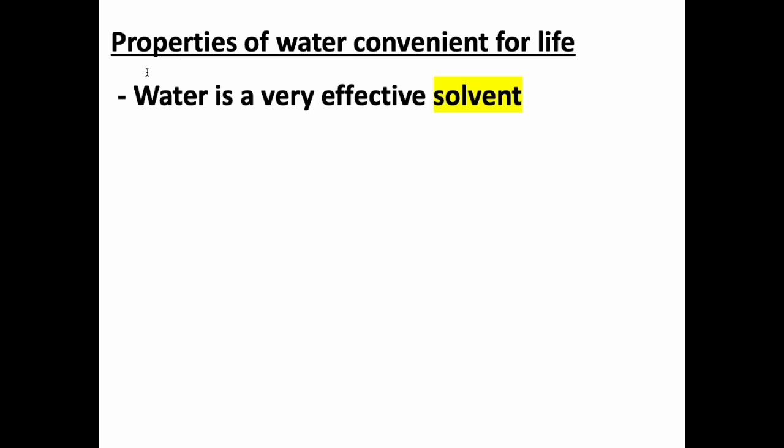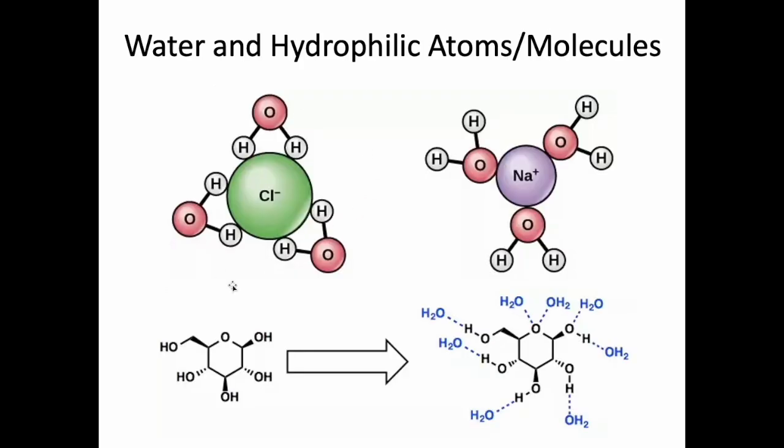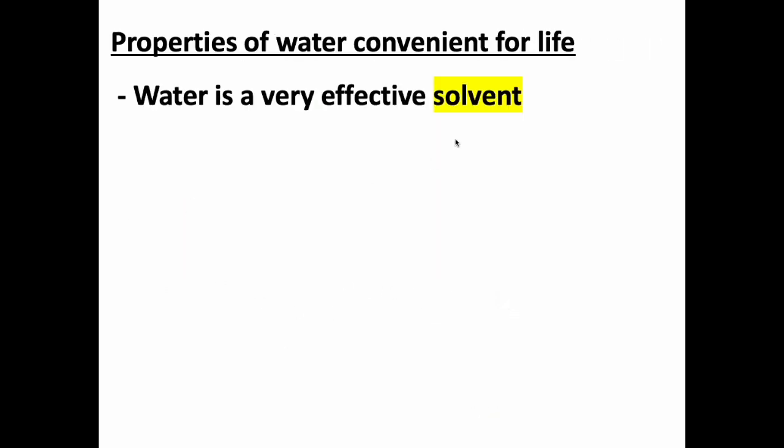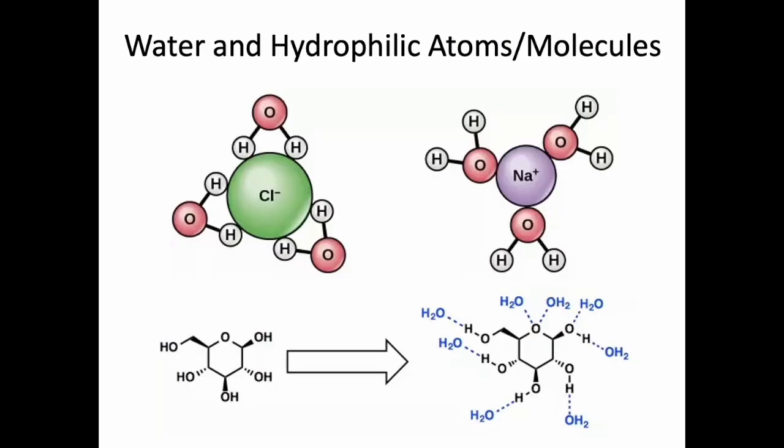So just listing out here some of these properties of water that are convenient for life. One of these: water is a very effective solvent. So what is a solvent? Well, we've already seen a solvent in action. A solvent is just something that dissolves things. If I can read from the key terms here, a solvent is a substance capable of dissolving another substance. And again, because of all these charges, water is fantastic at this.